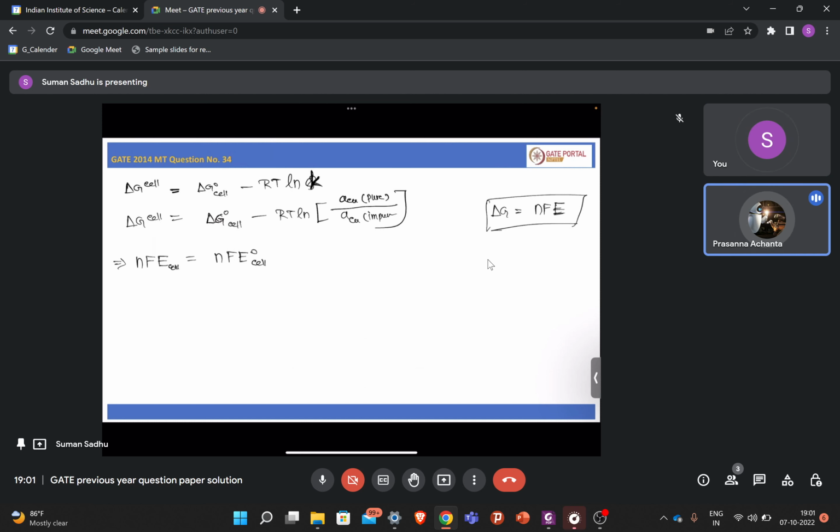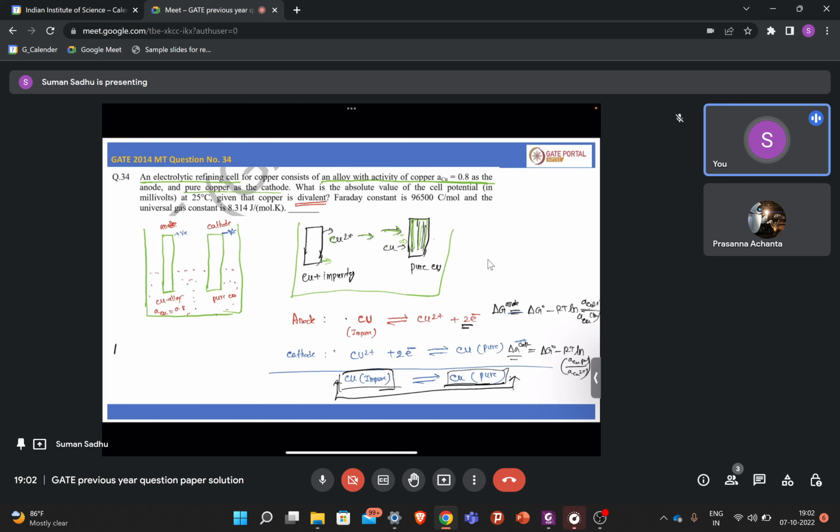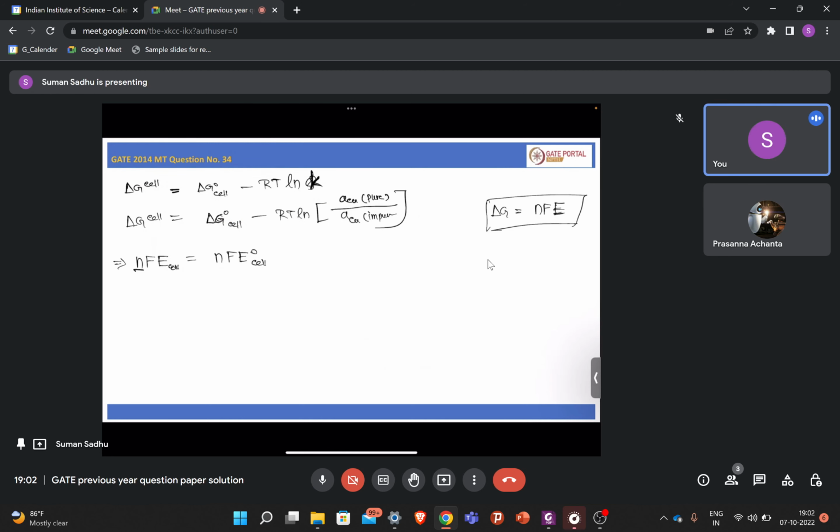N means number of moles of electrons. In this case, the number of moles of charge is 2.